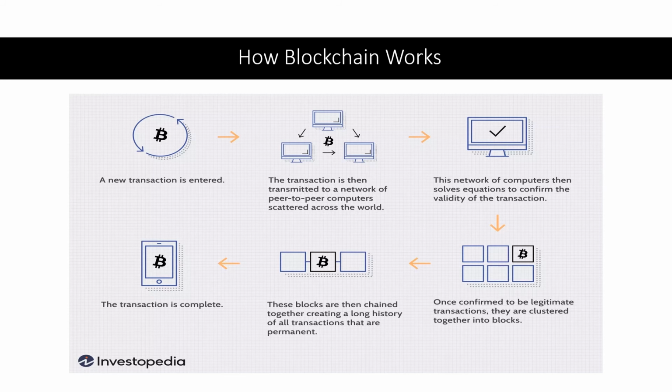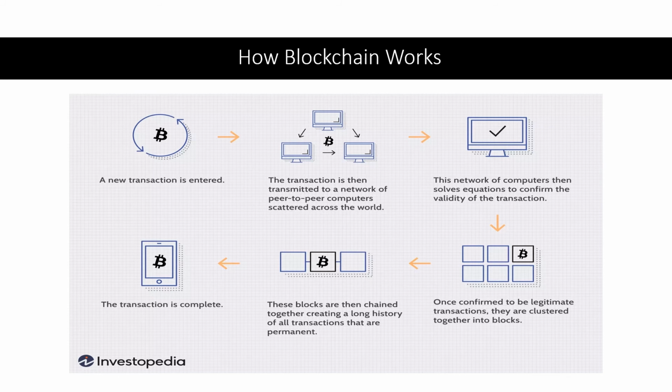This network of computers then solves equations to confirm the validity of the transaction. Once they confirm it to be a legitimate transaction, it is clustered together into a block. These blocks are then chained together, creating a long history of all transactions that are permanent. Once this is completed, the transaction is believed to be completed.